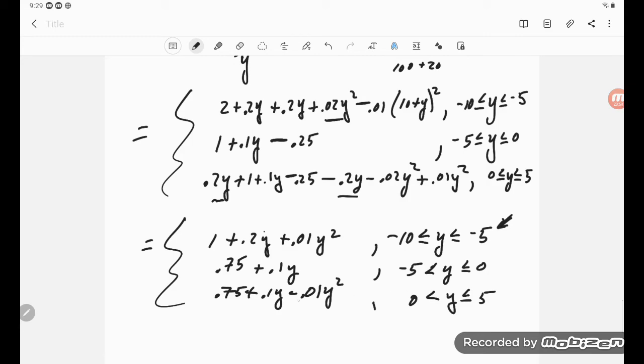Now, if I put in 0, I definitely get the 0.75, which I got up here with 0. If I put in 5, I get a 0.5 here and a minus 0.25 there, and that works. Okay, so I am happy with this one.